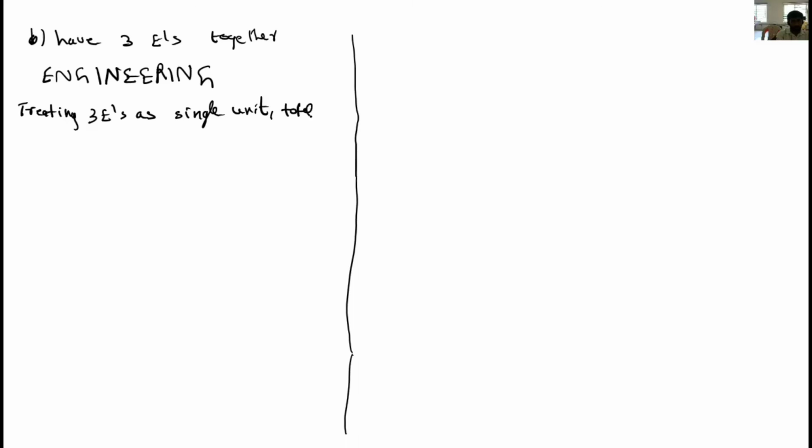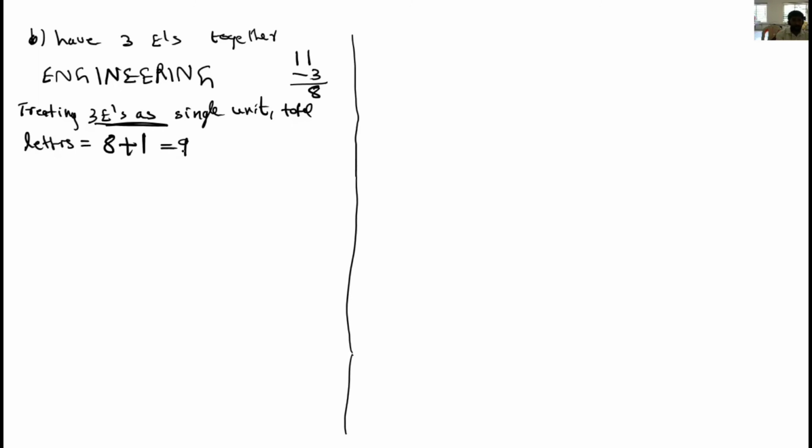Total letters, see, 11 letters are there. In that 11 letters you are treating 3 letters as a single unit. 11 minus 3, 8 letters are there. Okay, 8 letters remaining plus 1. What is plus 1? Plus 1 is the single unit having 3 E's. Okay, it's equal to 9.